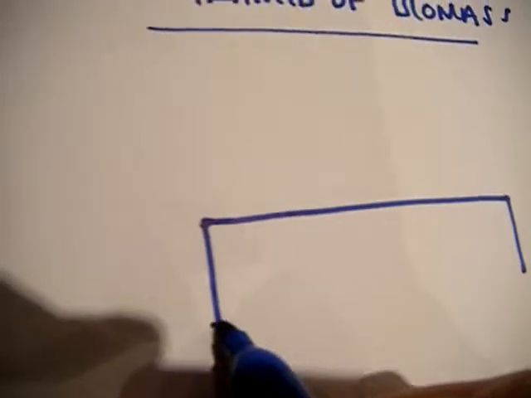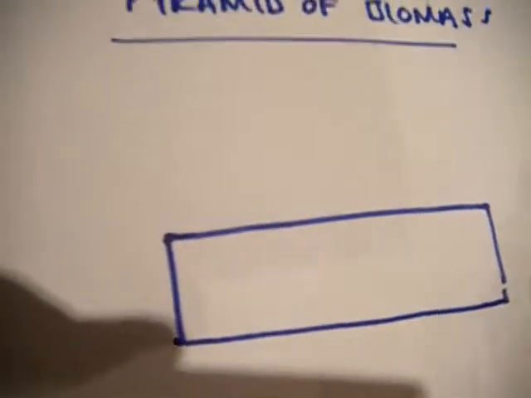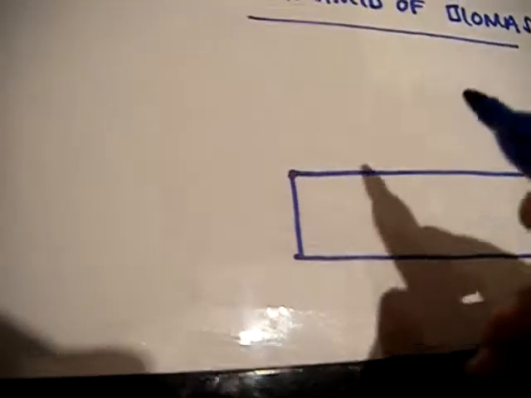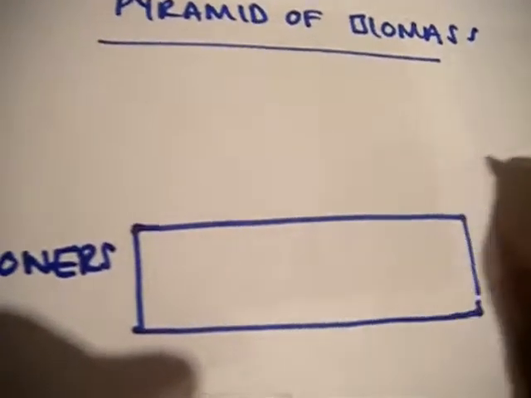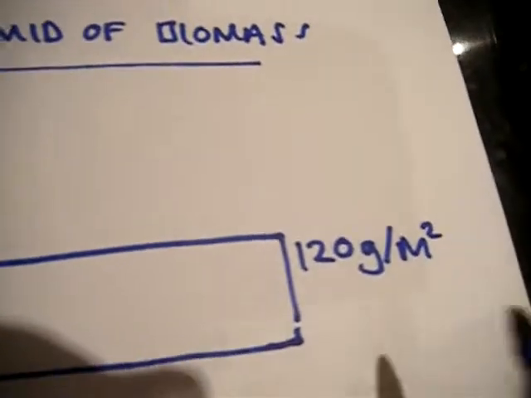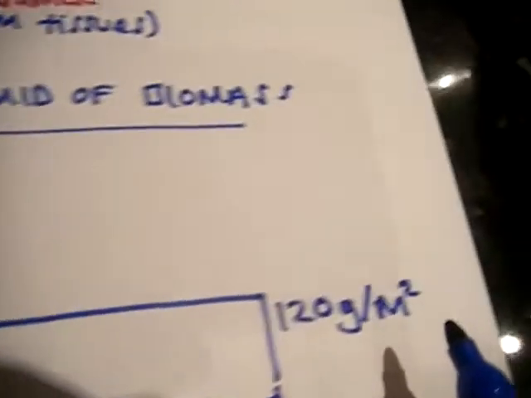So that's the bottom, that is flowers. And I'm going to give that a weight of 120 grams per metre squared. In every metre squared of flowery field, there is 120 grams of flowers.